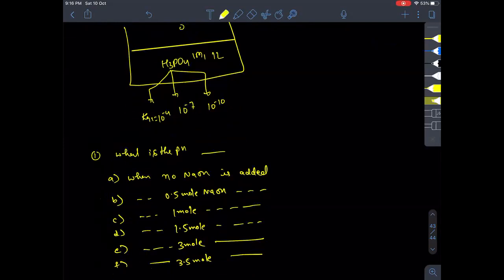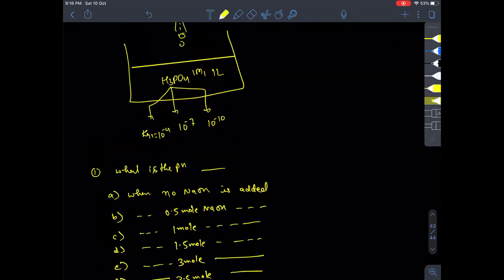So there, if there is nothing, how will this dissociate, H3PO4. So when there is nothing, then it is the simple case of a polyprotic weak acid, Ka1. And I told you how to solve it, right? But suppose you added NaOH, how much? 0.5.